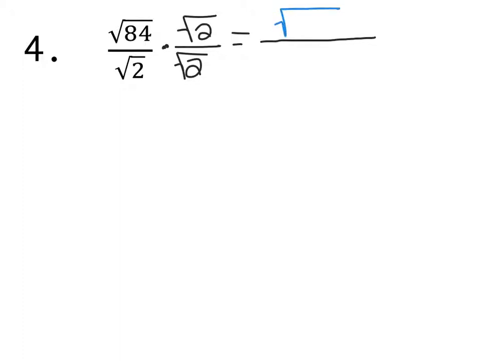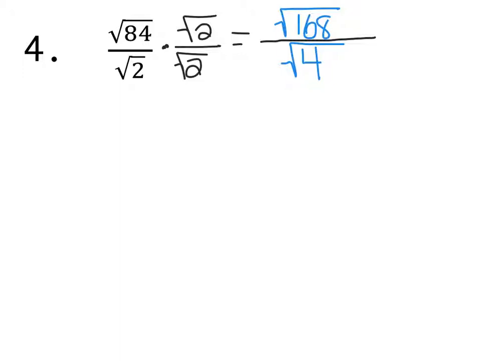So we're going to end up with the square root of 168 over, now you should remember that anytime you multiply a square root by that same square root, you end up with what's under the square root. So we're going to end up with just 2. But just in case you forgot that, I'll go ahead and multiply 2 times 2, which gives us 4.